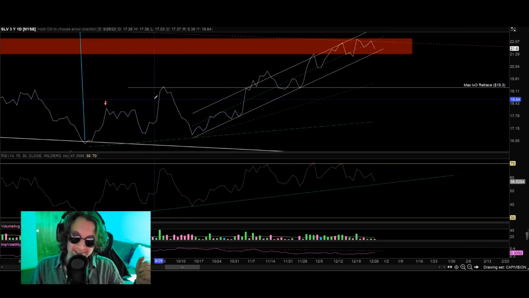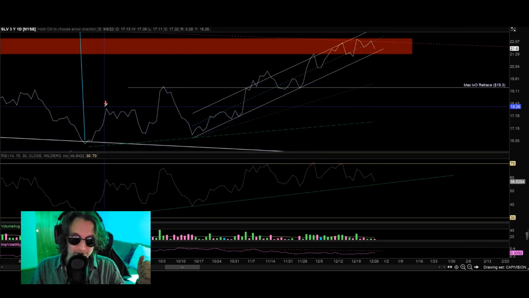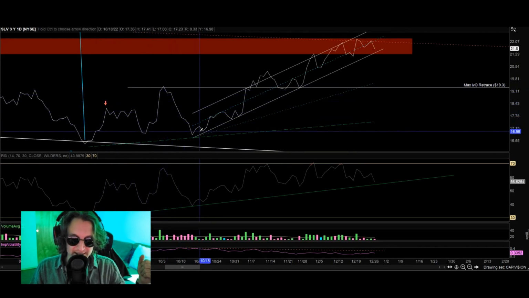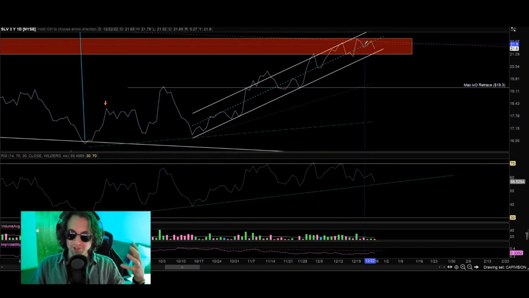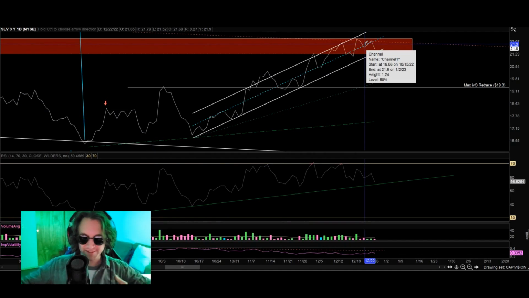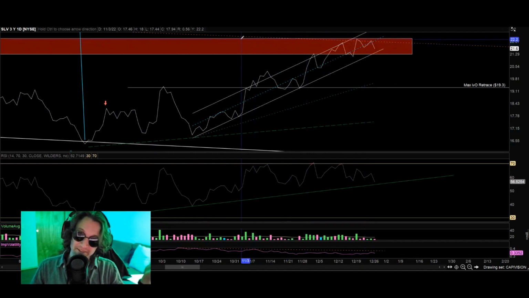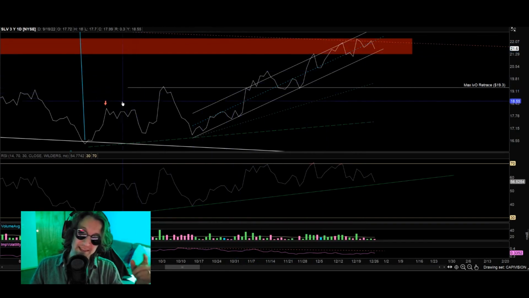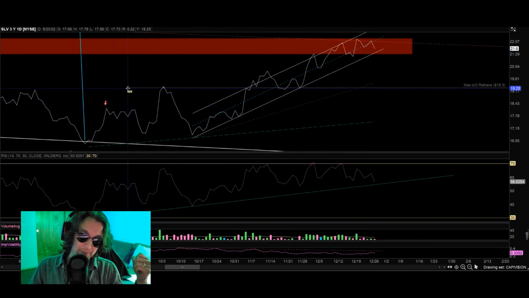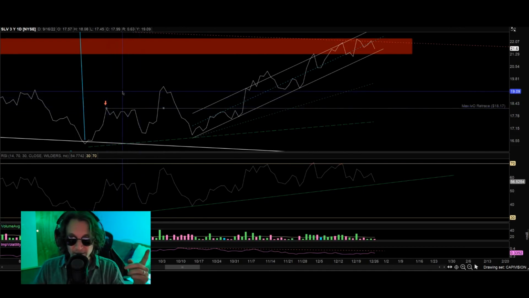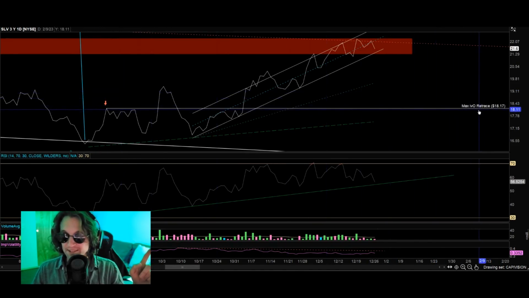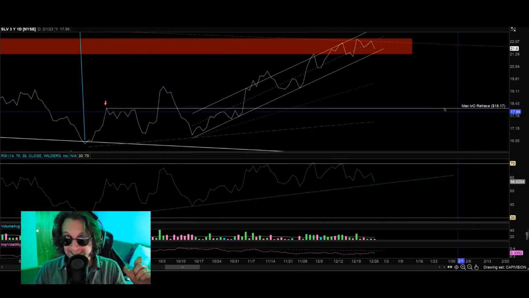This kind of corrective pattern is nasty, but I think what we're looking at is a first and a second wave, A, B, C, and now we're seeing a bullish motive third wave heading higher, and what follows a 3 wave is a 4 wave, and the rule is that really that 4 wave cannot pass the top or the bottom of wave 1. Those 2 waves shall not overlap if it's motive. So this is the big line right here at 18.17.